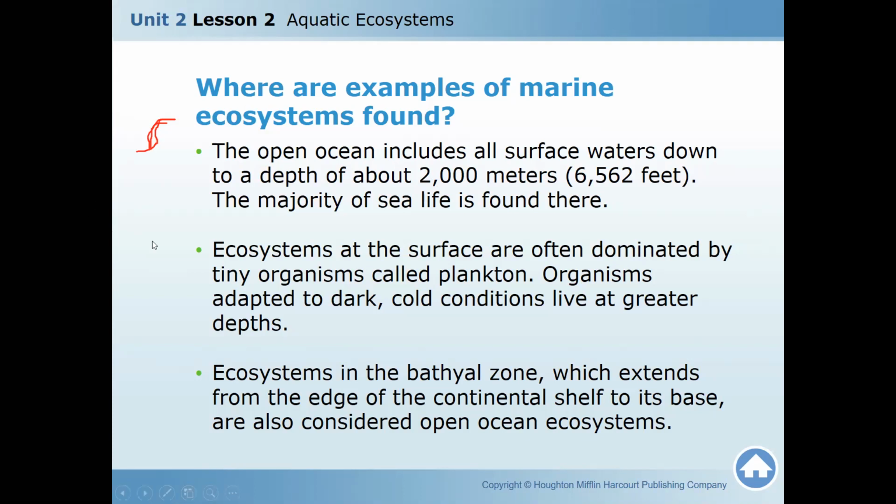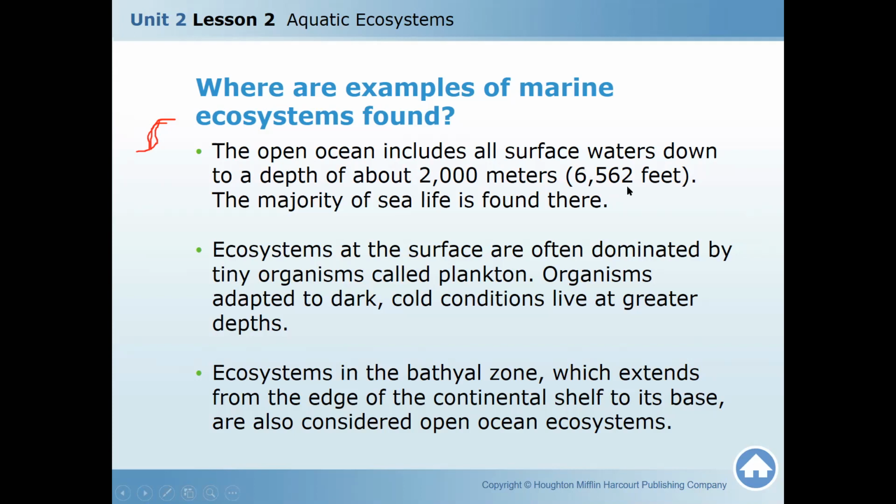The majority of sea life is found there. You can find green plants there, and many things in the ecosystem, because 2000 meters is not small. It's 2 kilometers. Imagine how deep I'm talking about. It's 6,562 feet.